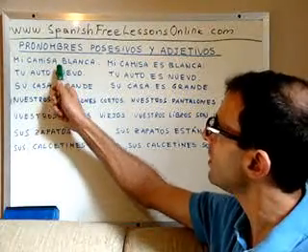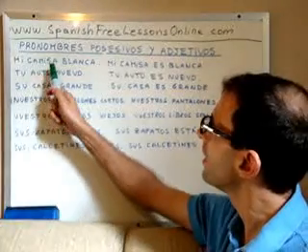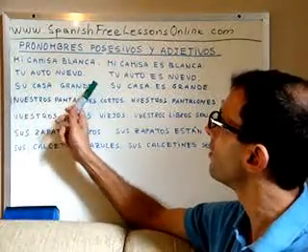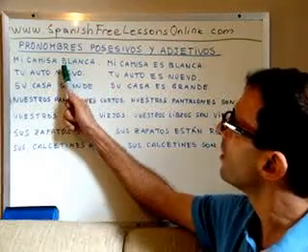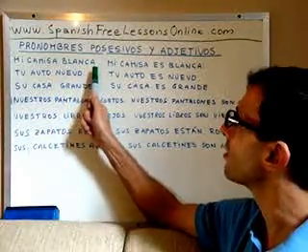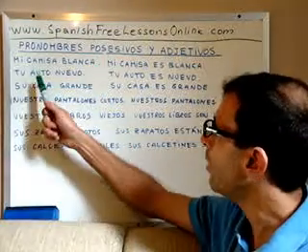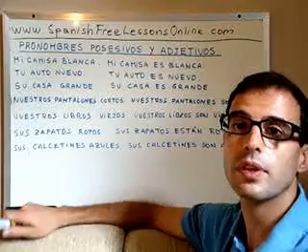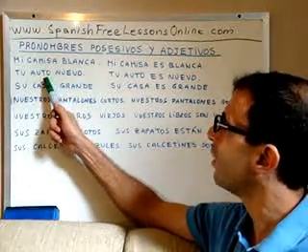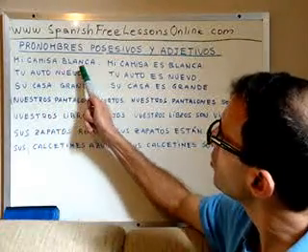And as you can see, camisa ending in A is a feminine noun. So the adjective has also to be feminine. That's why the adjective here ends in A. For auto, which means car, a short form of automóvil, since auto is masculine, the adjective has also to be masculine.